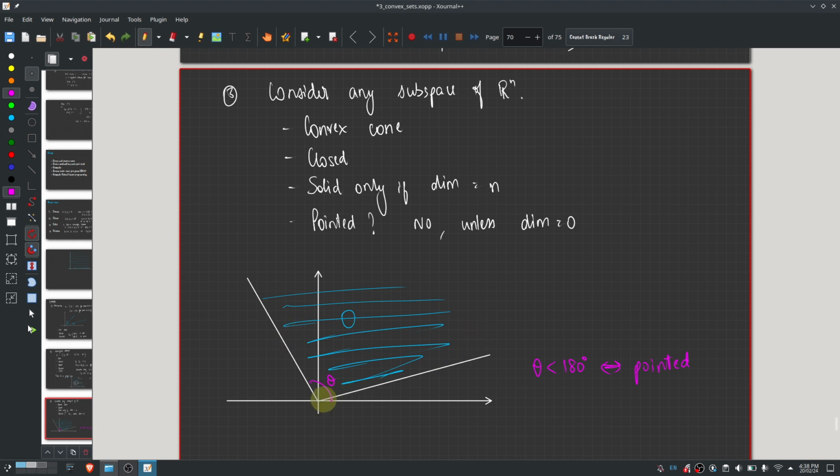For example, if theta is 180 degrees, then I can take some point on this particular ray, then minus x will belong to the cone. If theta is greater than 180 degrees, it becomes even easier. It's only when theta is less than 180 degrees that mathematically it is pointed. Also geometrically it is pointed, because at the origin, it is so sharp.